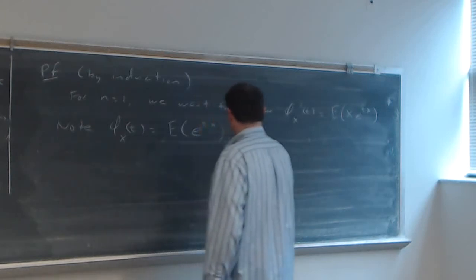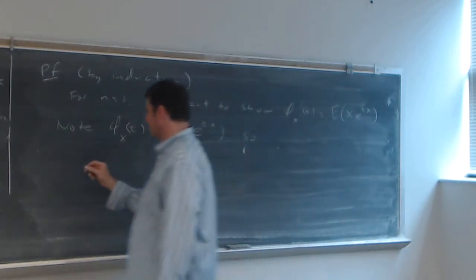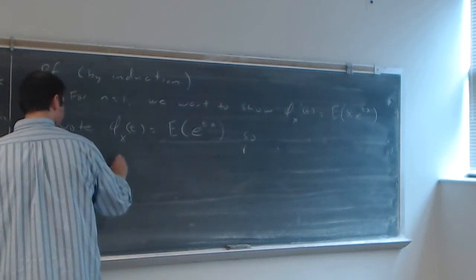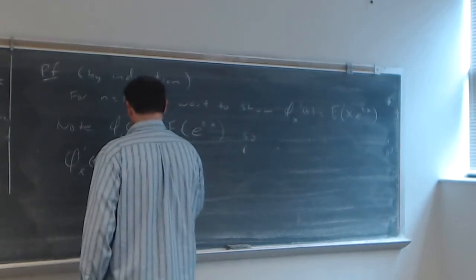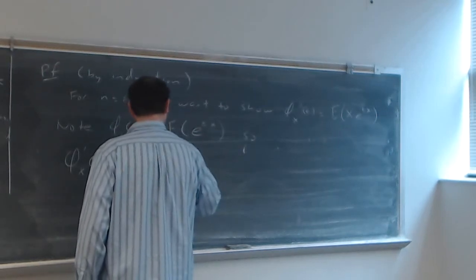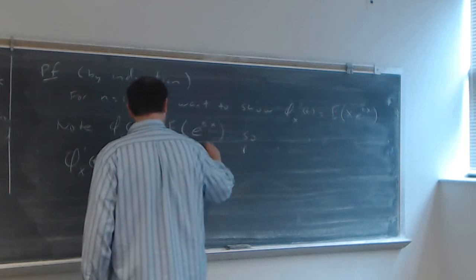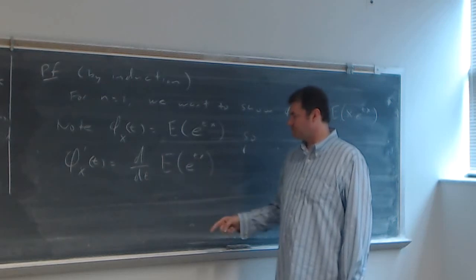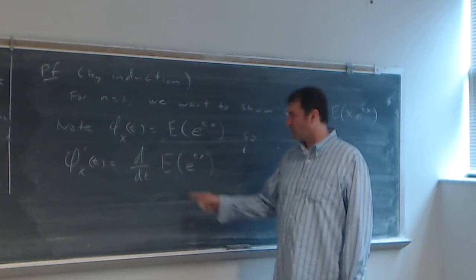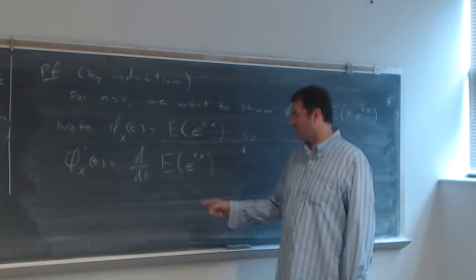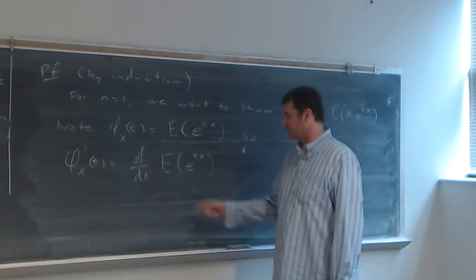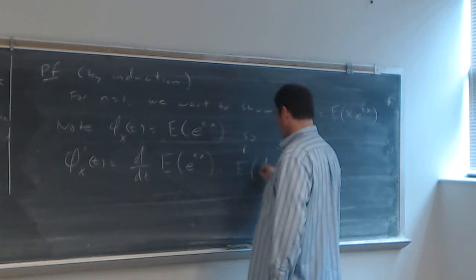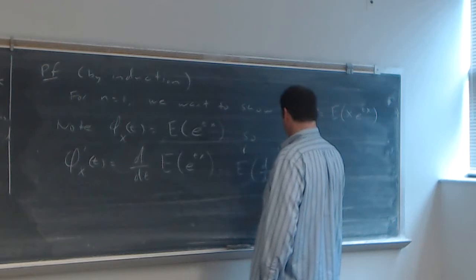Okay. So if you take the derivative with respect to t, this is equal to the derivative with respect to t of e to tX. Whether X is discrete or continuous, this is going to be either a sum or an integral, and we can bring the derivative inside that sum or integral, and we end up getting the expected value of the derivative with respect to t of e to tX.